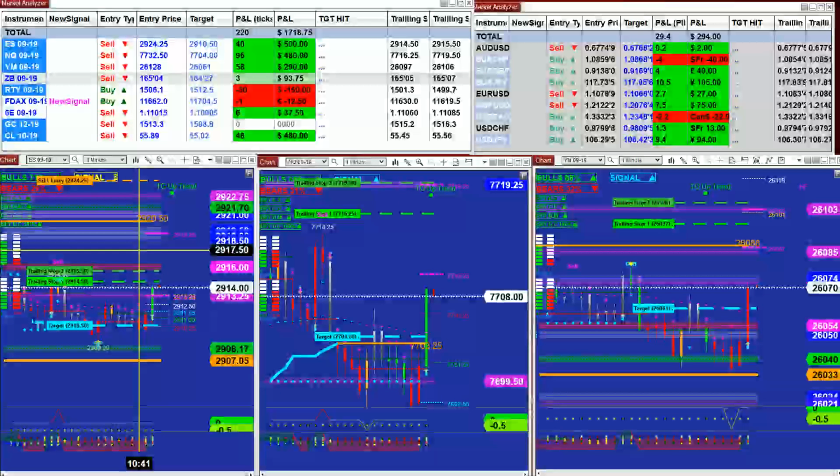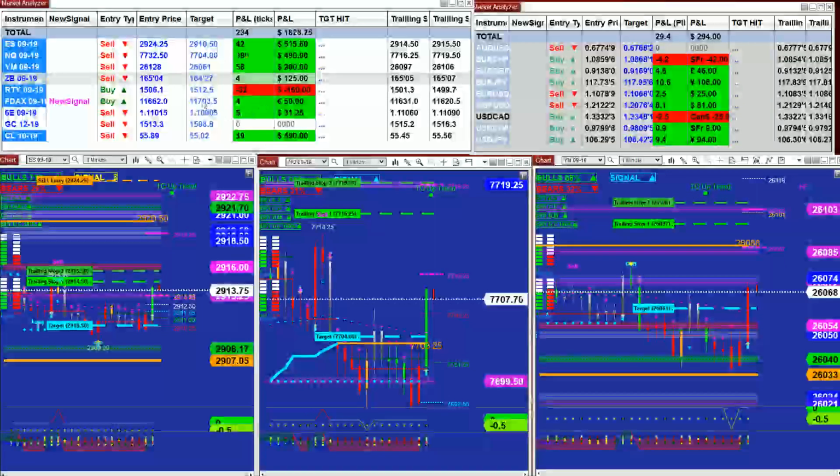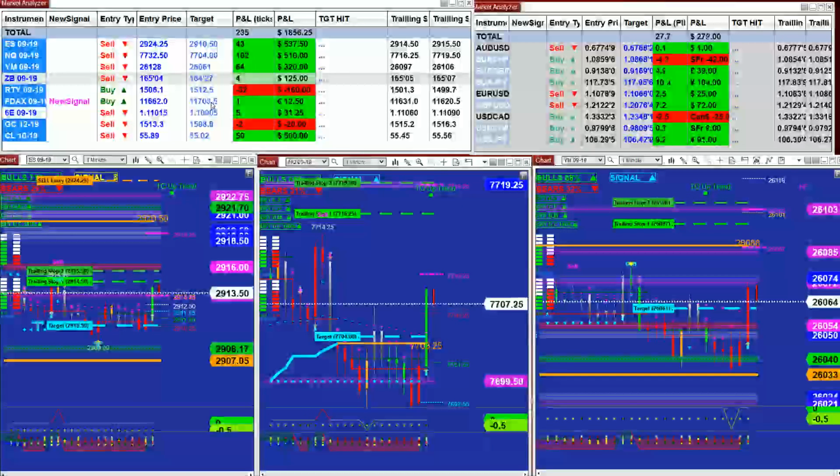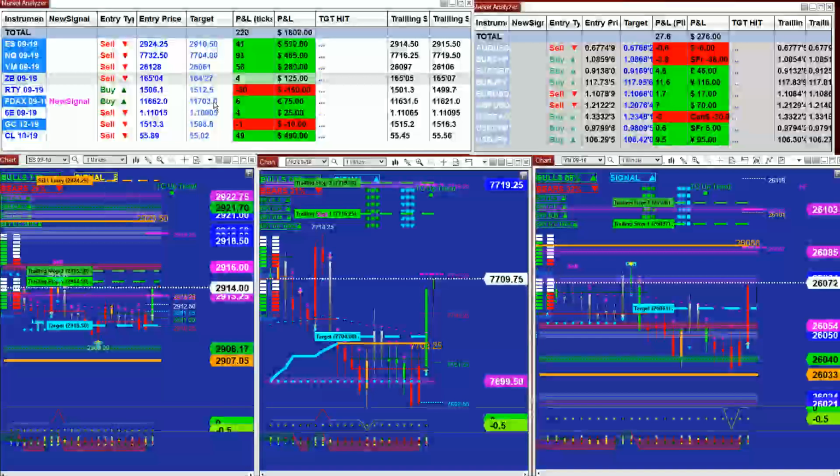We have a new signal on the DAX, buy at 662, target 17035. And it will not go anywhere until we get the ES.